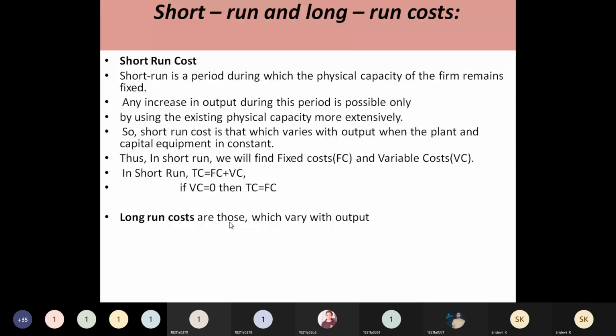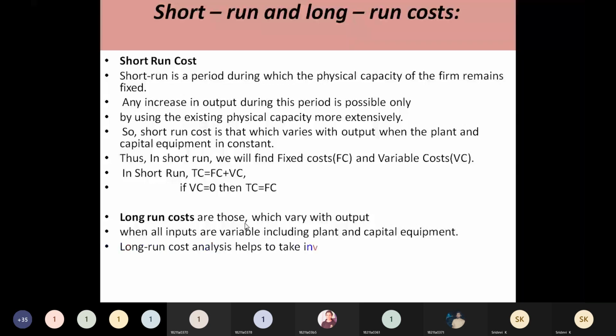There is no limit that you cannot change, because you have plenty of time to bring change. So automatically in this long run, you cannot find fixed costs. All the costs will be varying. Even fixed costs will vary, because the rent will not be the same.